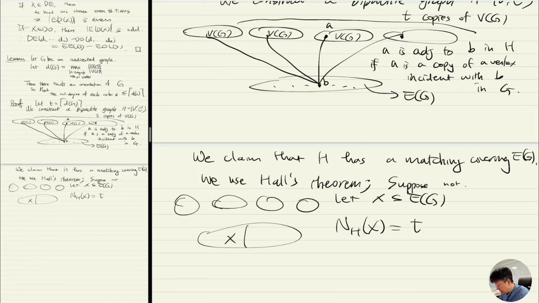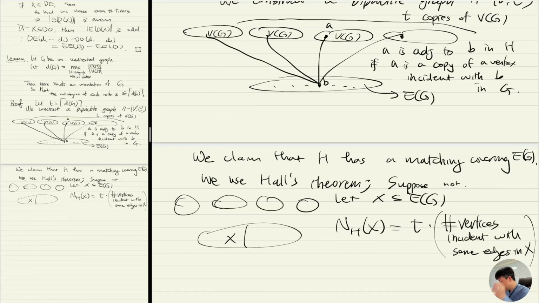Well, it's t copies of something: the number of vertices incident with the edges in X. Now, this gives you a subgraph.